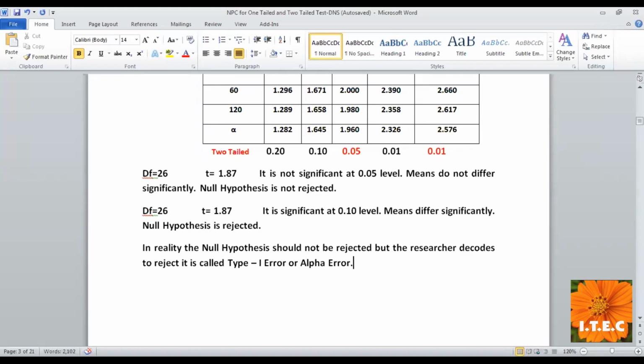Is it clear? Have you understood this part or not?